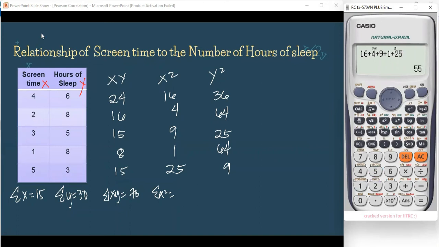So that will give us 55. And the summation of y squared is equal to 36 plus 64 plus 25 plus 64 plus 9. So that will give us 198.